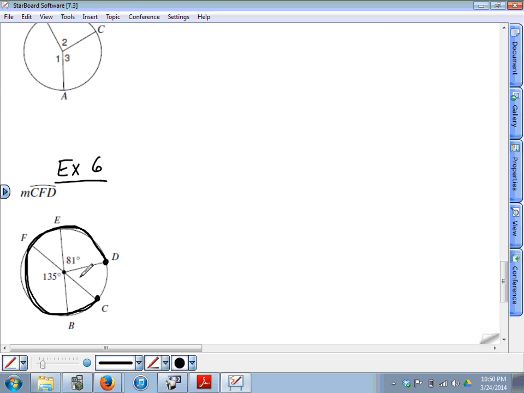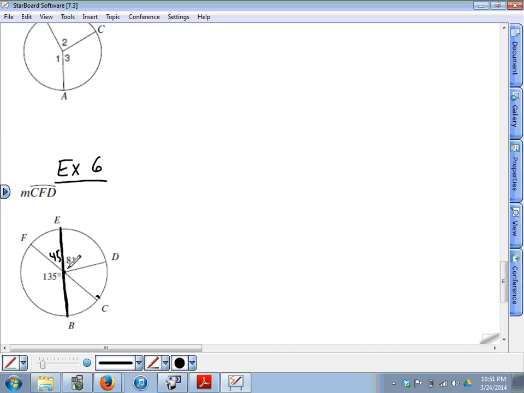Now, a couple of things that we don't want to overlook, and this is always something that you should pay attention to. This right here is a diameter. Okay, that means that the entire arc measure is 180 degrees. So if we know this portion right here is 135, we know that that is 45.